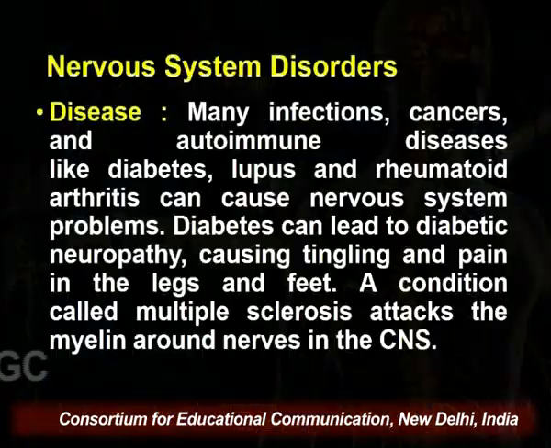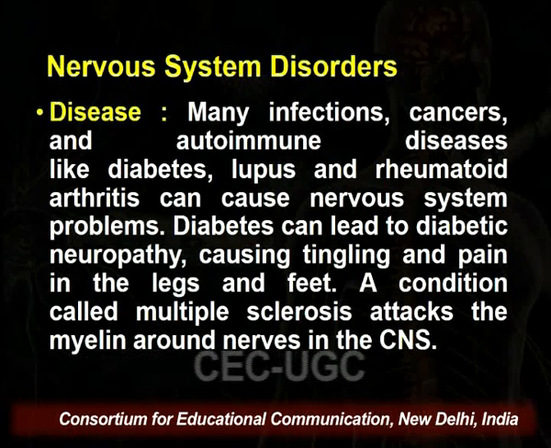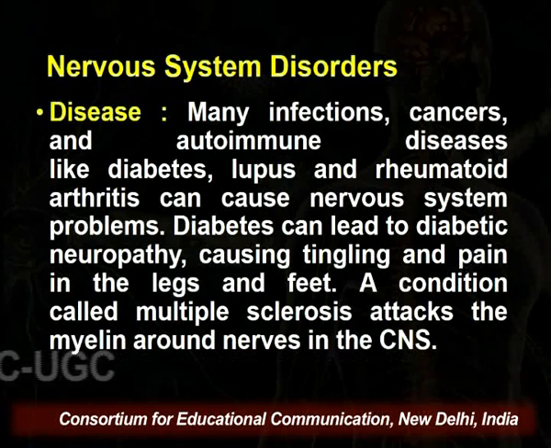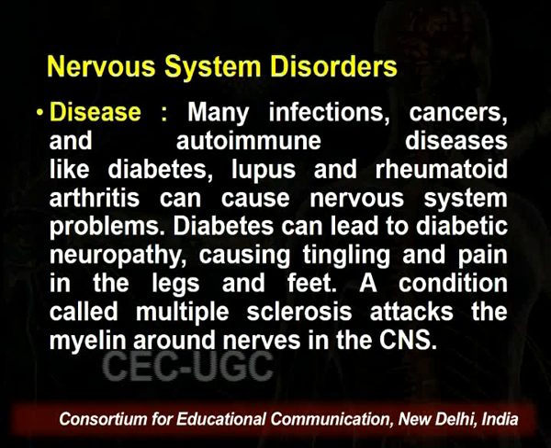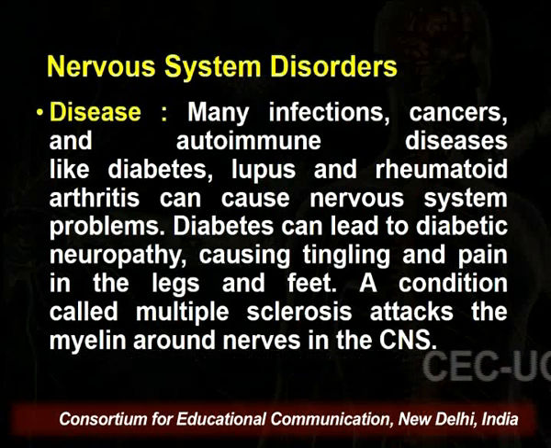The nervous system also has some disorders. Many infections, cancers and autoimmune diseases like diabetes, lupus and rheumatoid arthritis can cause nervous system problems. Diabetes can lead to diabetic neuropathy, causing tingling and pain in the legs and feet.